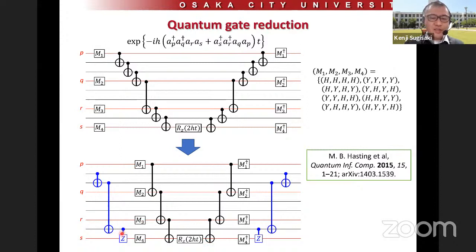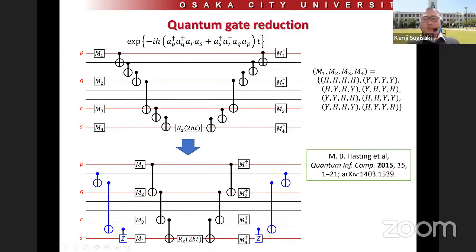And also, we have to use the controlled-Z operator instead of the single operator in this case. But anyway, these quantum circuits are equivalent.